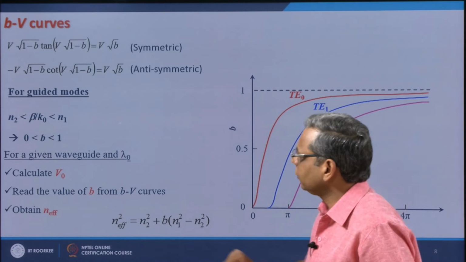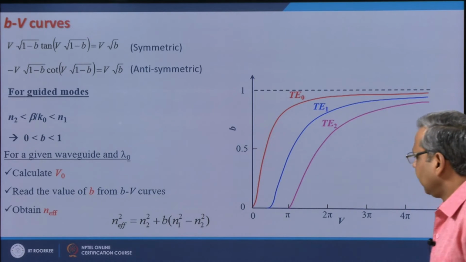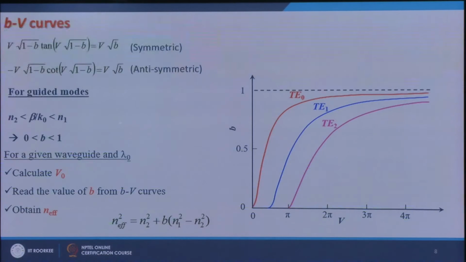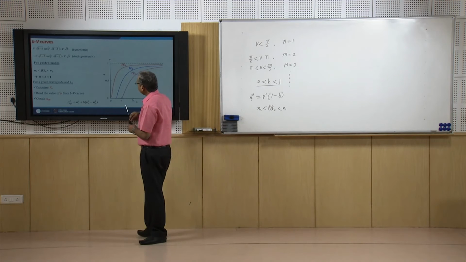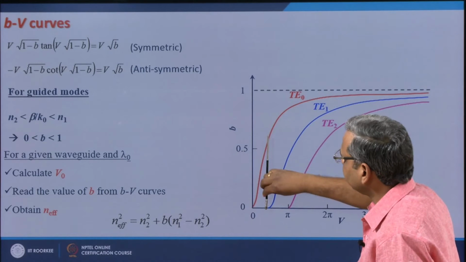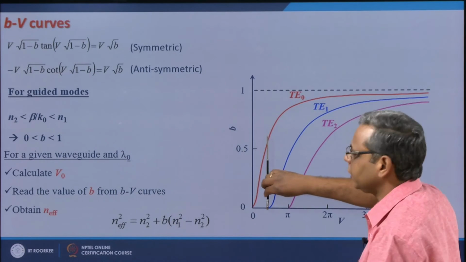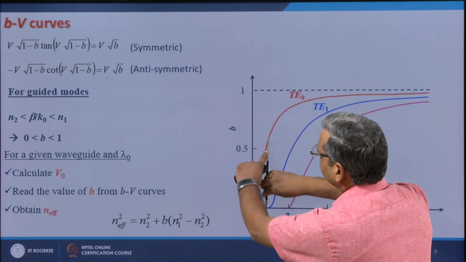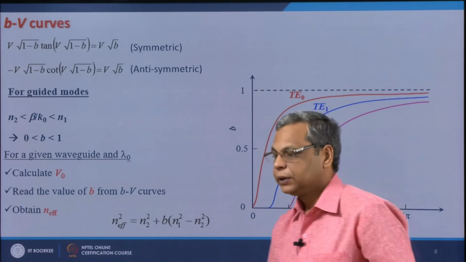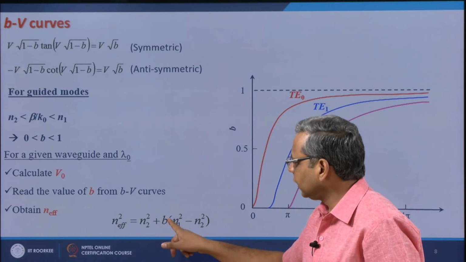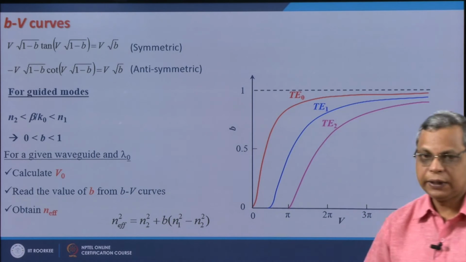So I just calculate the value of V, and then I go to these curves and read the value of B corresponding to that value of V. For example, let us say V is equal to 1.4, then I draw a vertical line corresponding to V is equal to 1.4 and read the value of B corresponding to this from the BV curves.